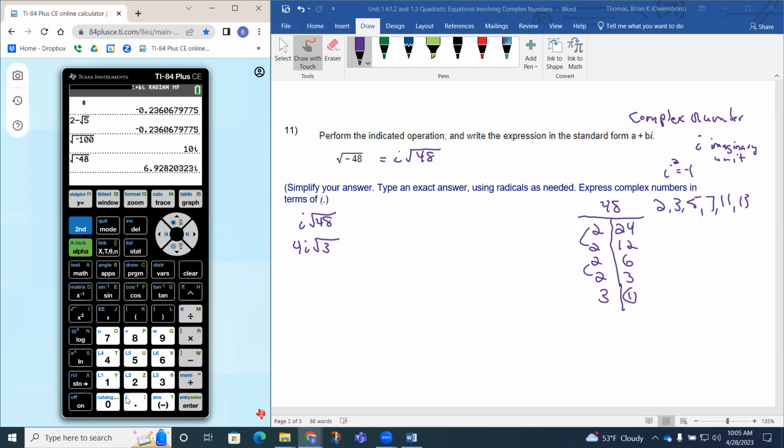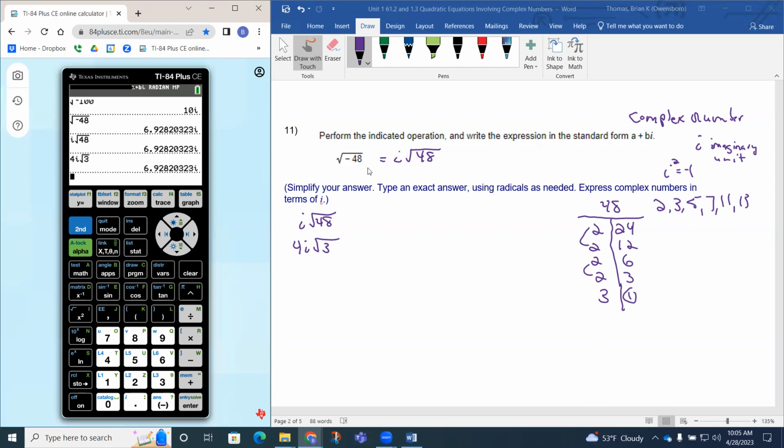So you could type in second i square root of 48 as well, and notice how it gives me the same thing. Or if I type in 4i square root of 3, or second i, second square root of 3, that gives me the same answer.